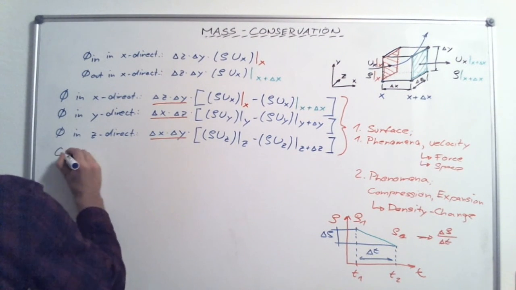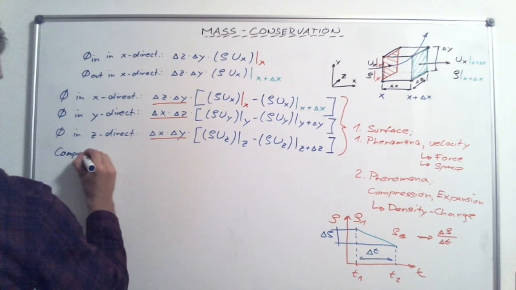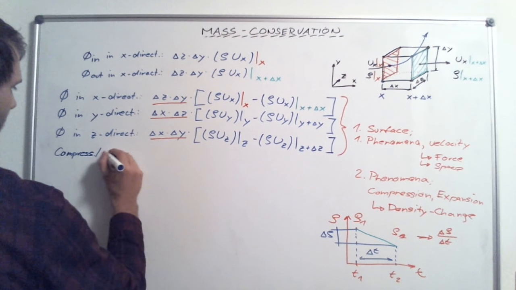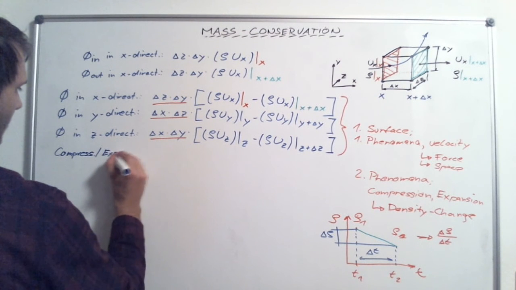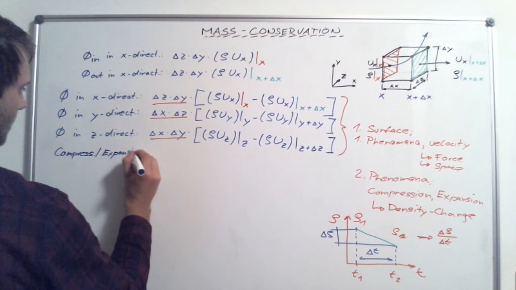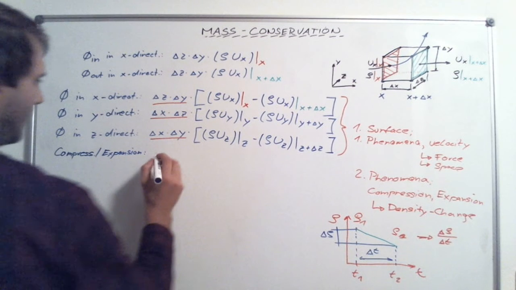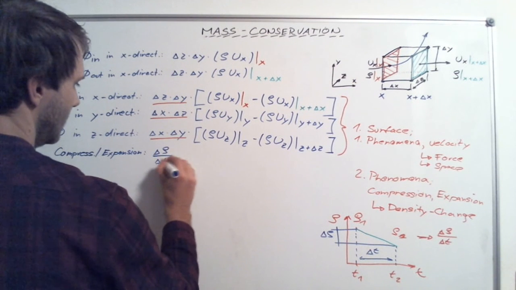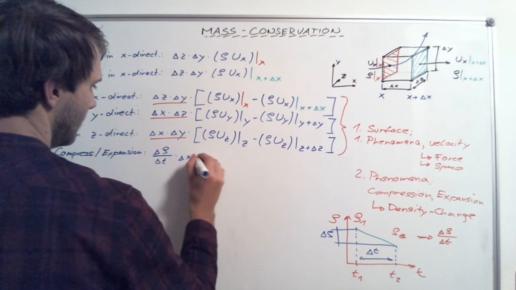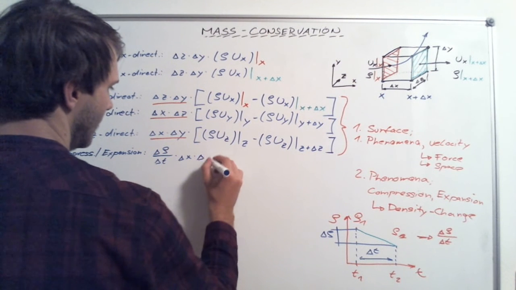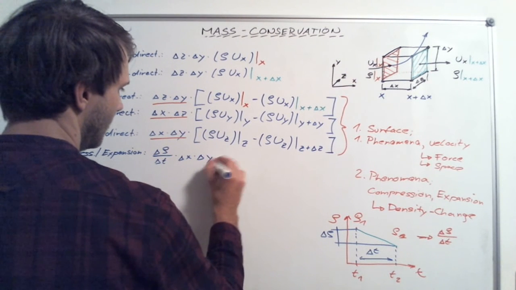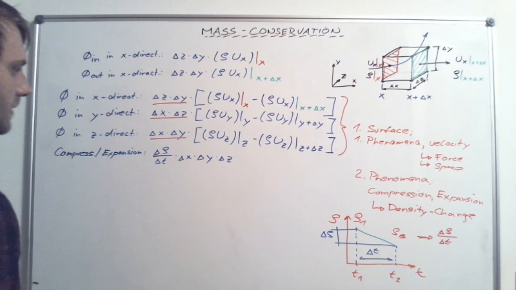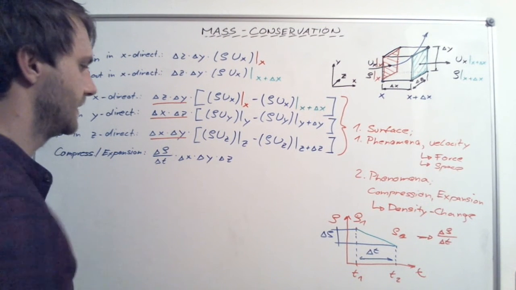The second one would be compression and expansion, and this is simply delta rho over delta t multiplied by, as I told, the volume of the control volume, and this is simply delta x delta y delta z.